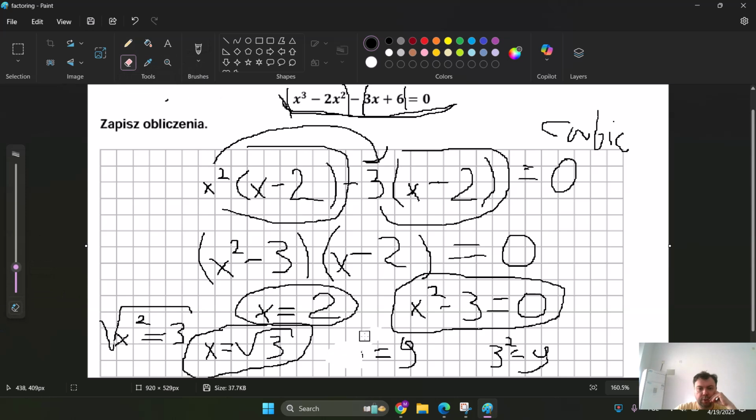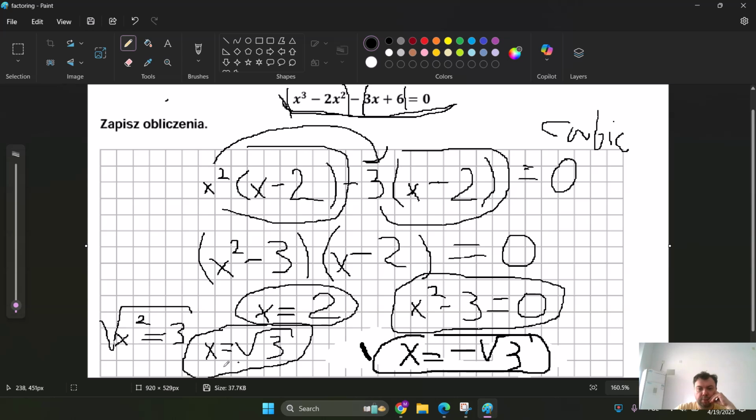Just to inform you that if we take a negative number to the power of 2, we obtain a positive number. Therefore, the solution is also x equals minus square root of 3. And those are our three solutions.